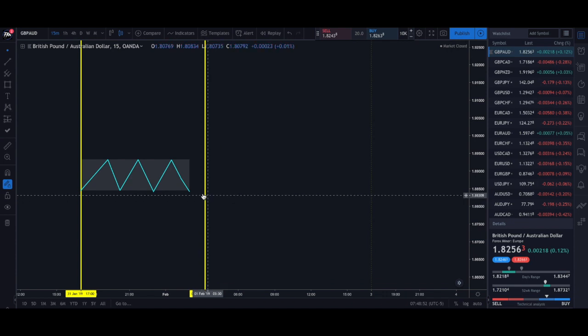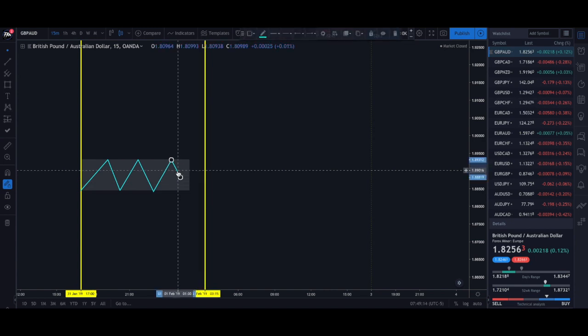Now, a very important rule to trading on the edge is that if the second leg is not formed by 3:15, then it's not really trading the edge. Keep that in mind.